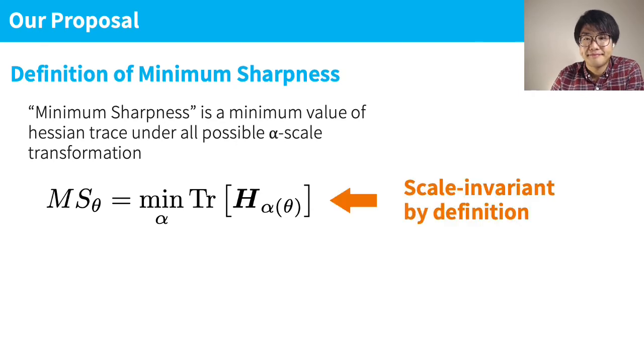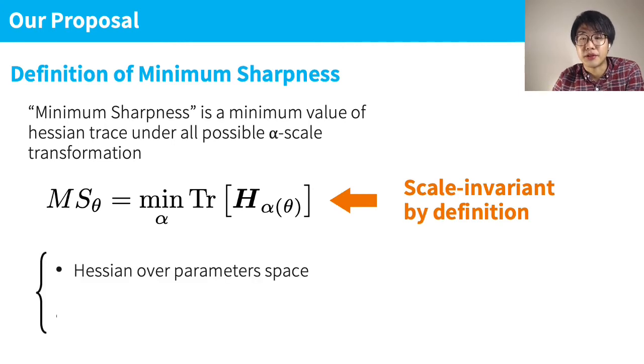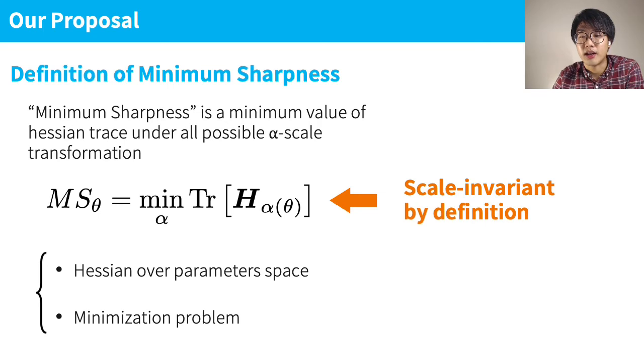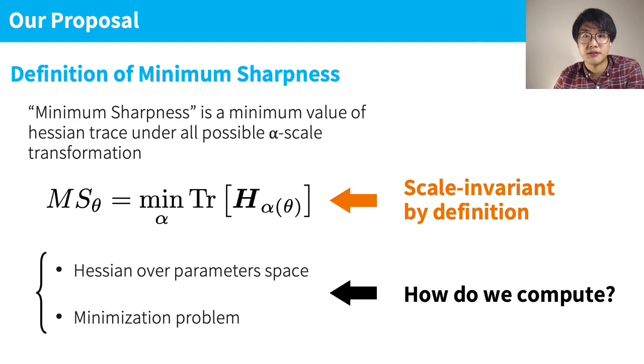Here, as you notice, minimum sharpness includes the Hessian on parameter space, which is notorious for heavy computation, and also includes an unknown minimization problem over alpha. So how do we compute those?